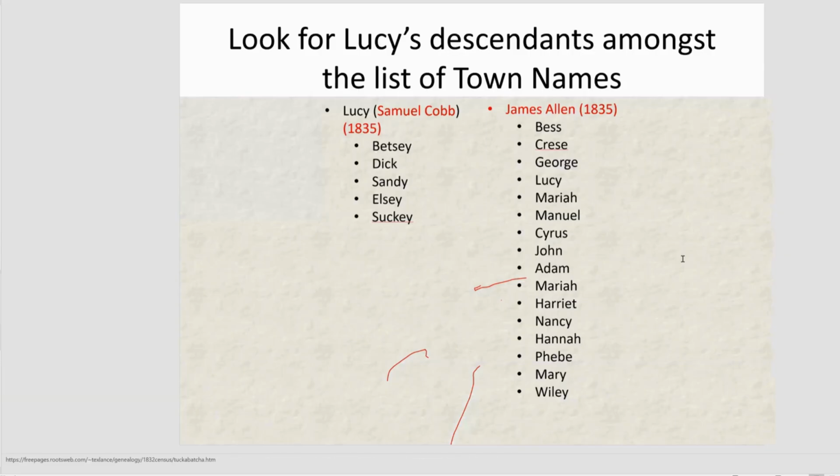And this was me looking at all of her family. So Lucy and this group, Bessie, Dick, Sandy, Elsie, and Suki, were under Samuel Cobb, who basically had to manage them. And James Allen in 1835 had to manage this list of people.